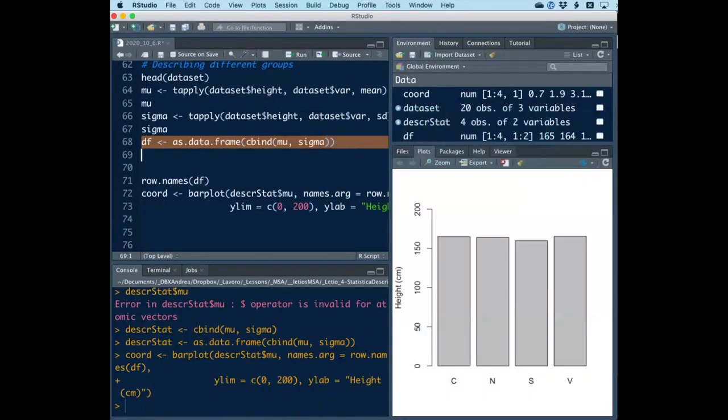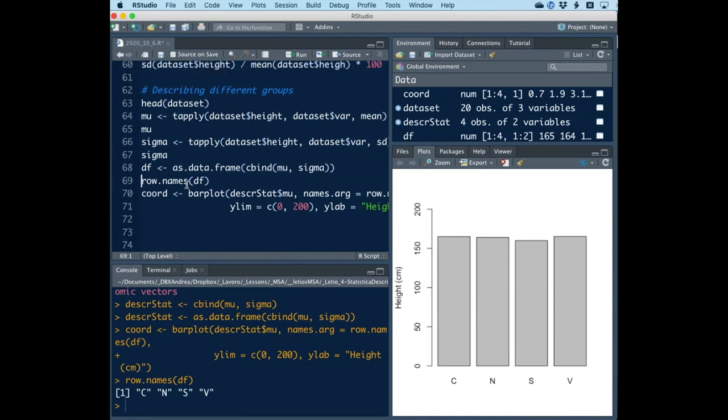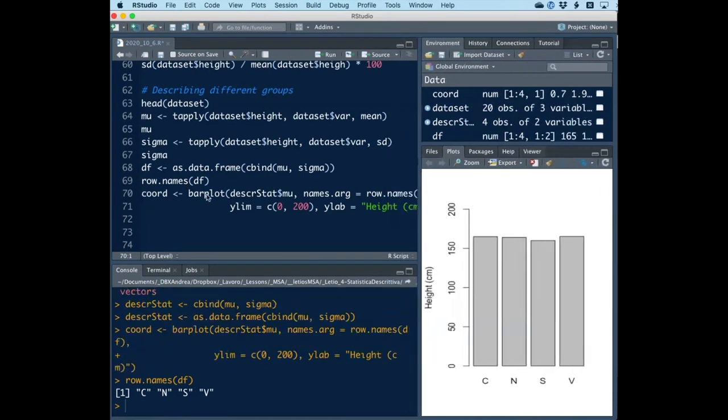I'm using two functions, one inside the other. The external function is a transformation function. The internal function creates a matrix. Right? Now I still have row names, which are okay, which I can use to retrieve the names arg. And then I use everything here.